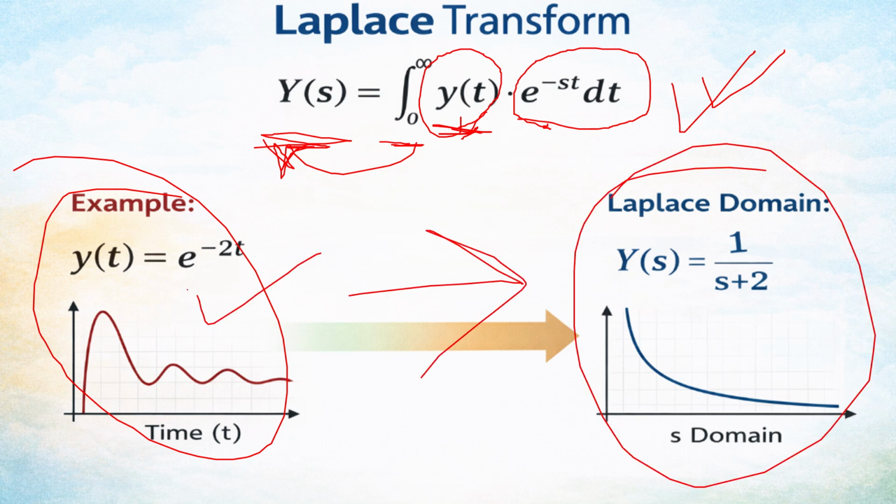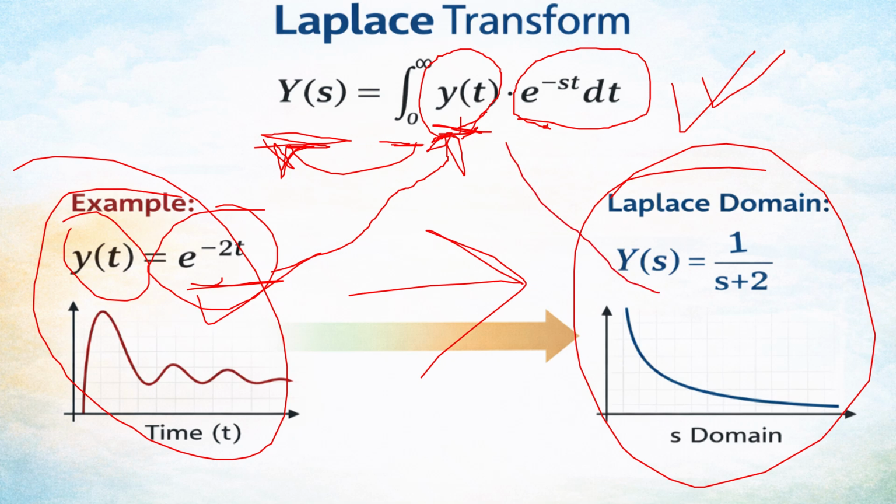To take the Laplace transform of y(t), just replace e to the power minus 2t with this y(t), and then you will get Y(s) equal to 1 over s plus 2.